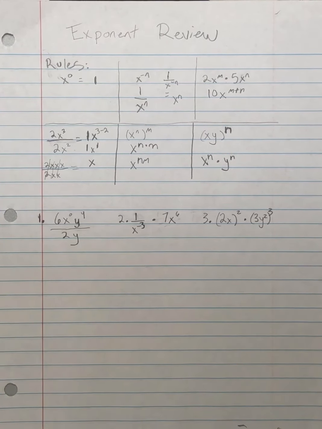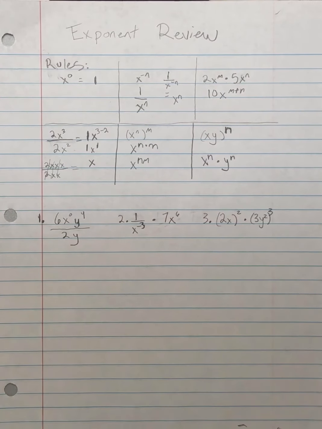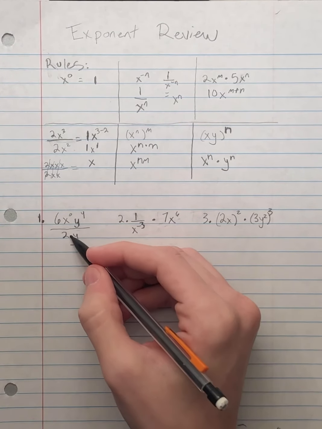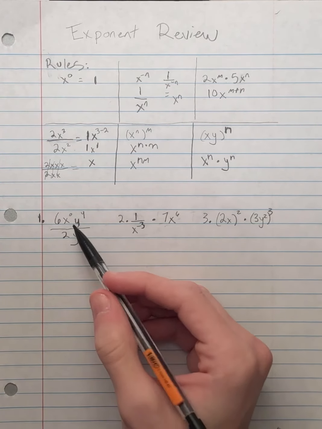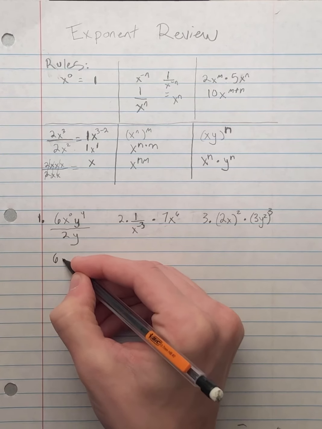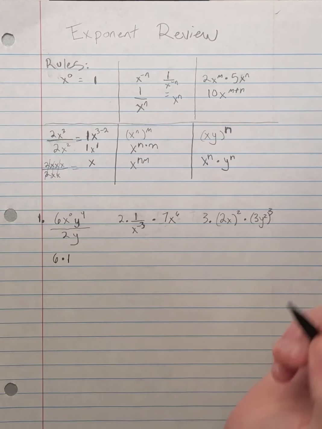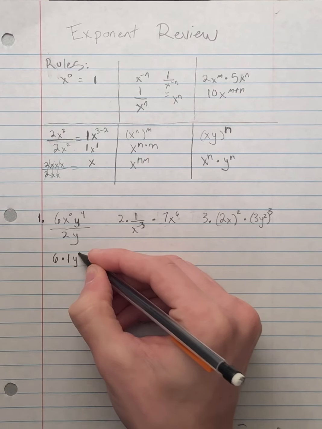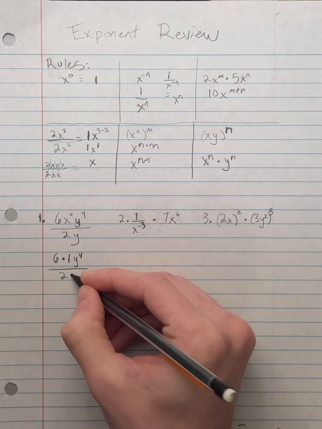Let's go ahead and work through some problems. So problem 1 here, I have 6 times x to the 0 power times y to the 4th divided by 2y. First thing I like to do is get rid of the 0 or negative powers. So really I have 6 times x to the 0 power, anything to the 0 power, times 1 times y to the 4th power over 2y.